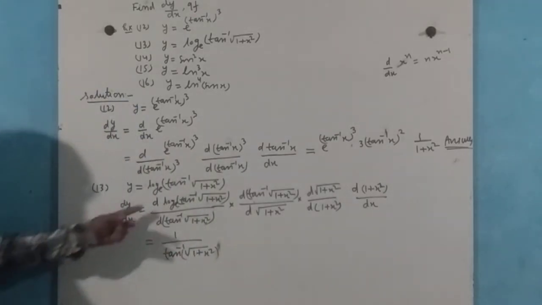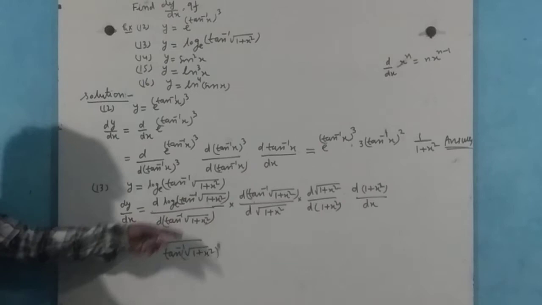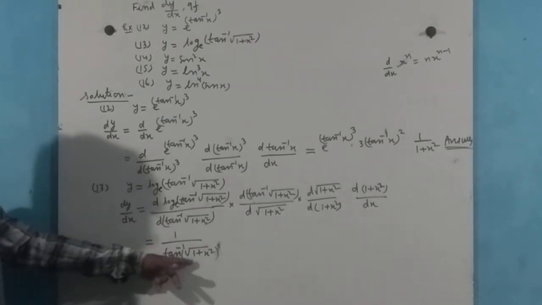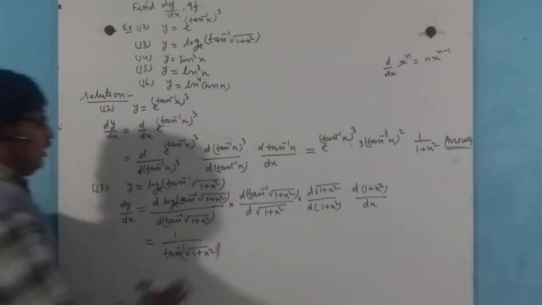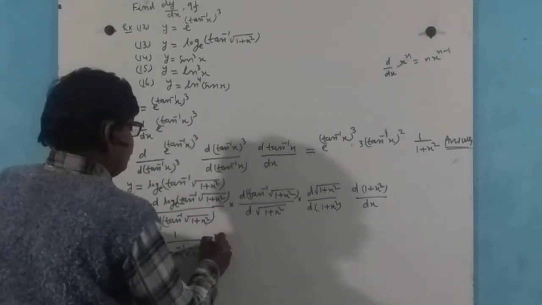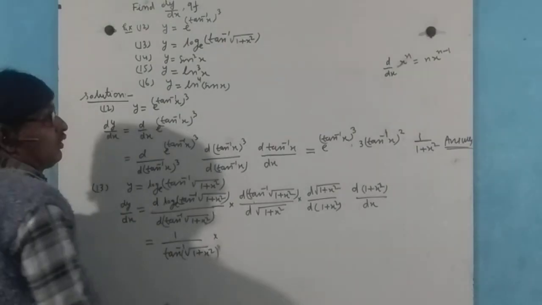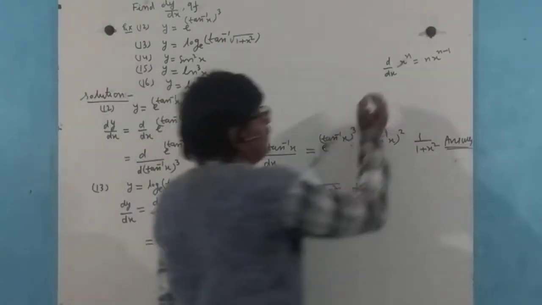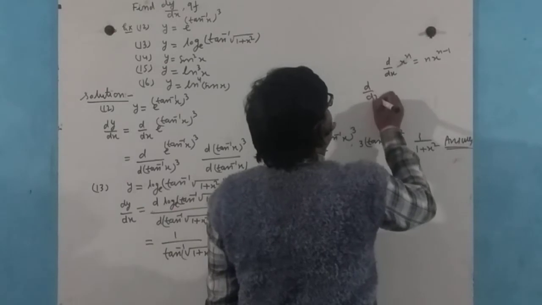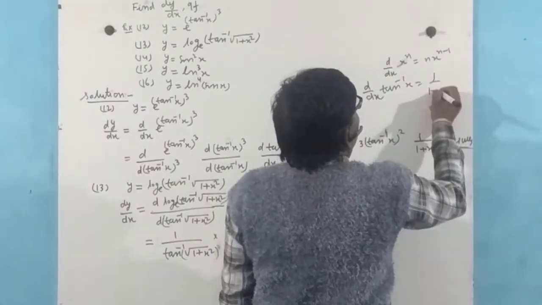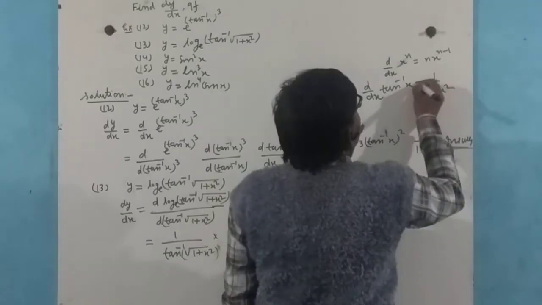So log of this with respect to this is 1 by tan inverse under root 1 plus x square, and now into this, d by dx of tan inverse x, d by dx of tan inverse x is equal to 1 by 1 plus x square.